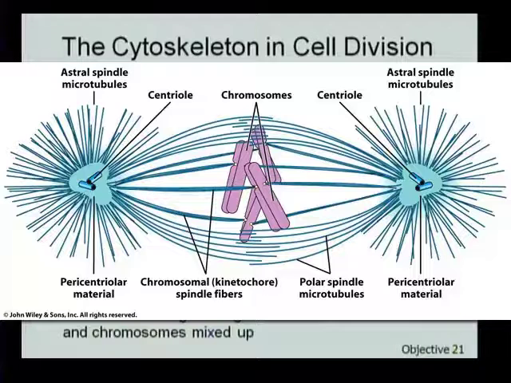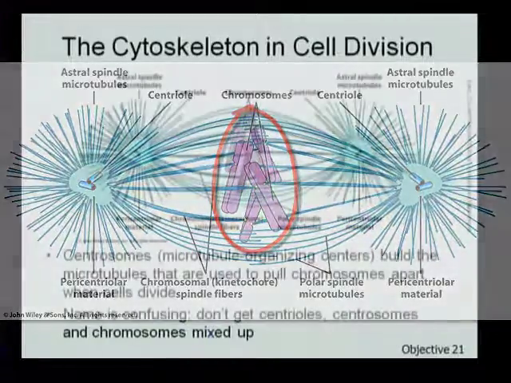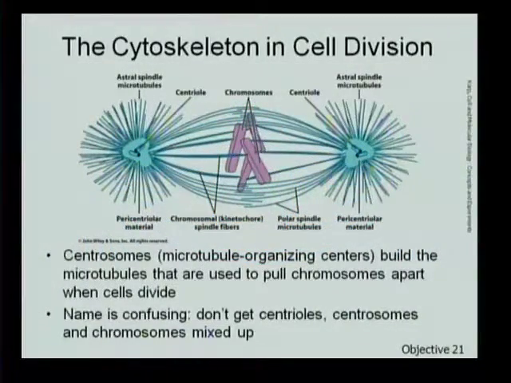So we just want to make sure, especially as you go to take exam questions, that you know whether I'm talking about a centriole or a centrosome or a chromosome. So the chromosomes have centrosomes in the center of each one, and the centrosomes are where the microtubules that have grown out of the centriole are growing out and attaching to the chromosomes.